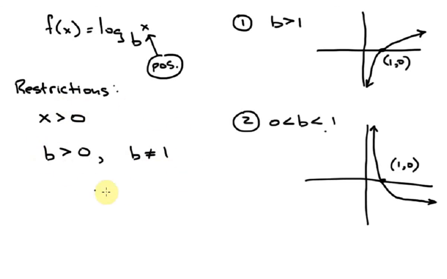These are important restrictions. There are no restrictions on the y, because y goes up forever and down forever in either graph, so y can be anything. All right, well, that's our basic look at logarithmic graphs, and I think that's where we're going to stop for now.